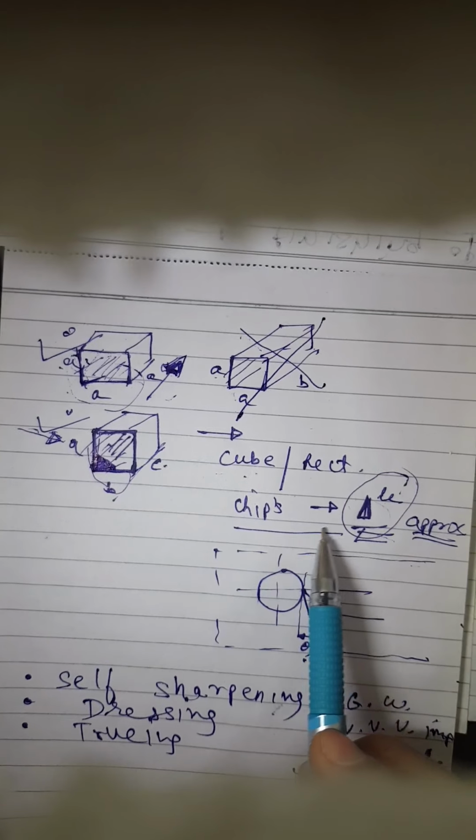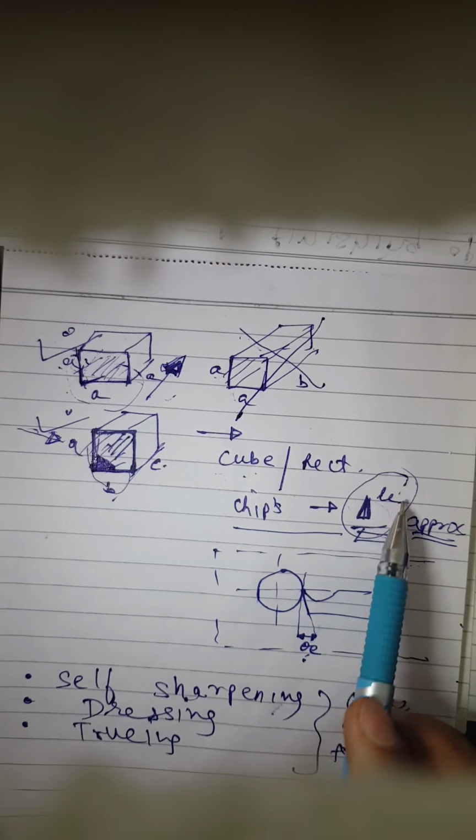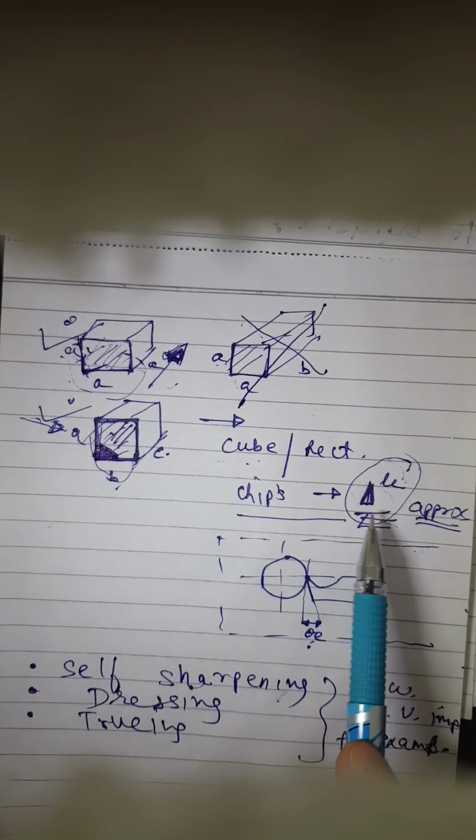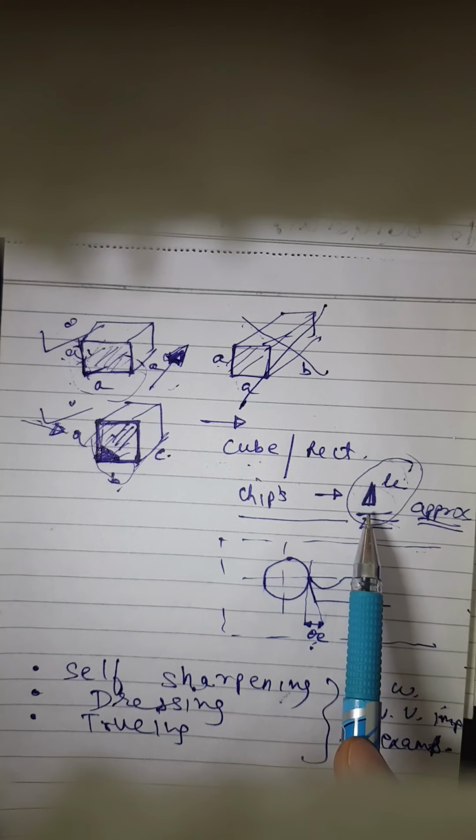Approximately triangular, I'm not saying exactly triangular. All right, so this is something, if you understand, it's okay. If you do not understand, then also it's not much of an issue at this point of time.